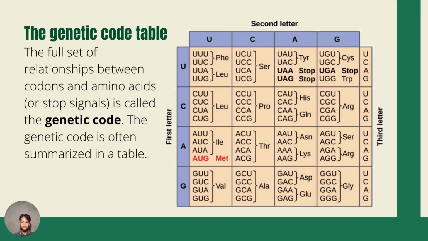So just for example, here is the AUA. Let's find the first letter A, second letter U, and the third letter A. So AUA, we can find that it codes for isoleucine.